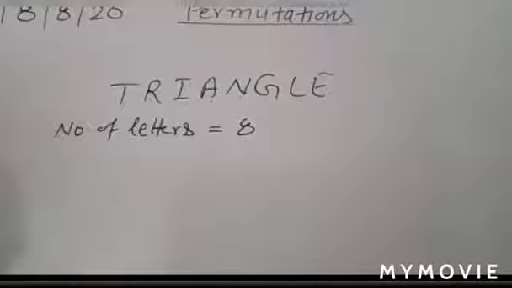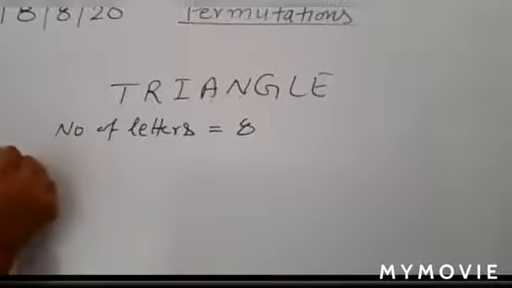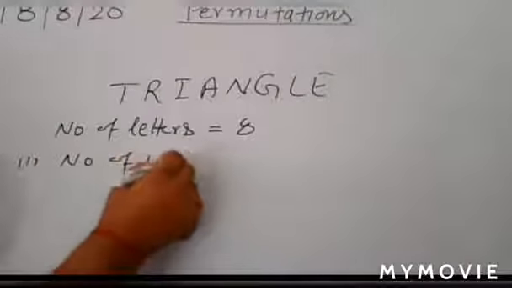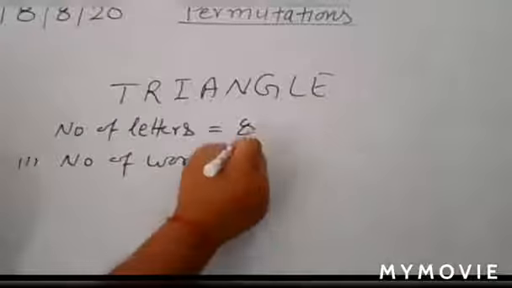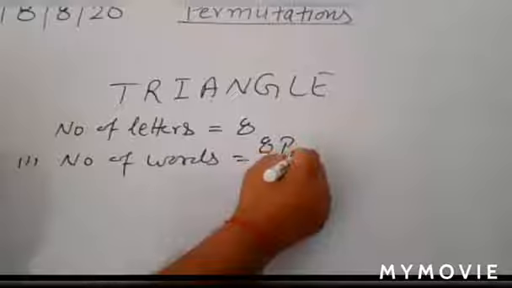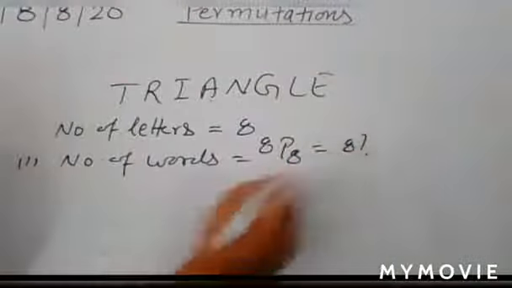Now your first question is how many words can be formed by using all the letters of the word? Means here you have no condition. So in the first part you can write the number of words taking all letters. So the number of words is equal to 8P8, which is equal to factorial 8.